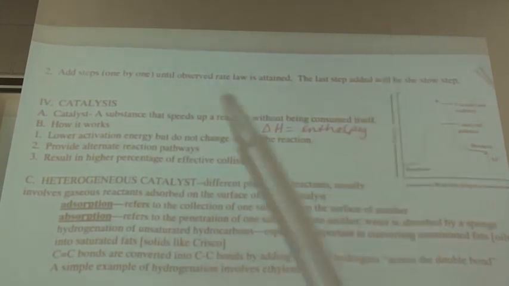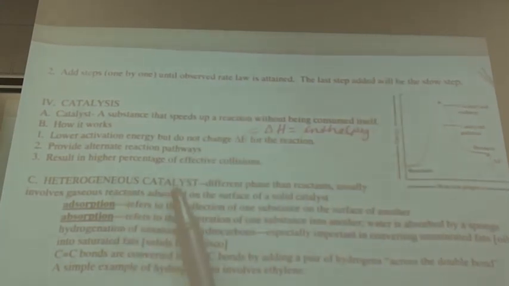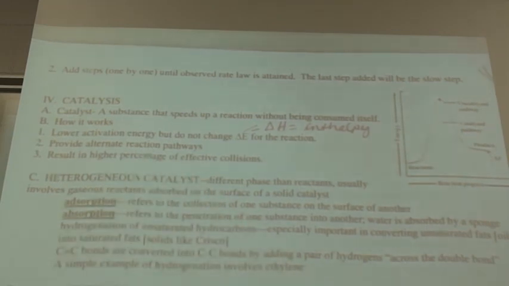All right. So it is in a different phase than the reactants. A homogeneous catalyst is in the same phase as the reacting molecules. Catalysts are hugely important in biological systems. Hugely.